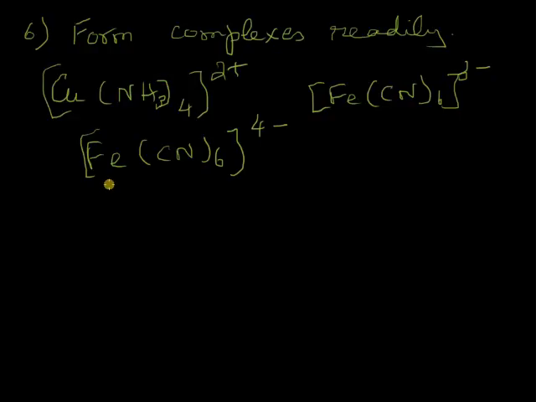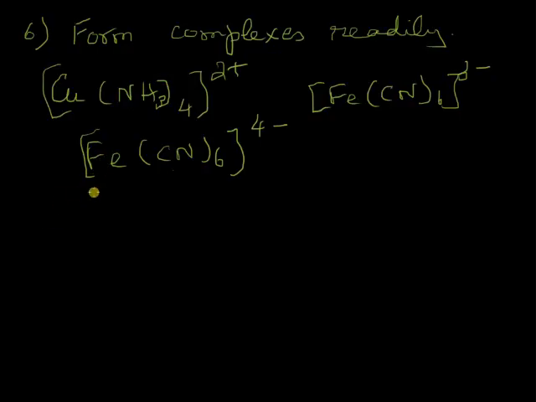You may be knowing that a complex is one in which the central metal ion, that is the copper here, iron here, is surrounded by a large number of negatively charged ions like CN minus or neutral molecules like NH3, which donate electron pairs that are accommodated in the vacant d orbitals of the metal ions.